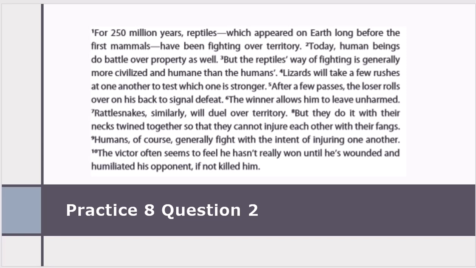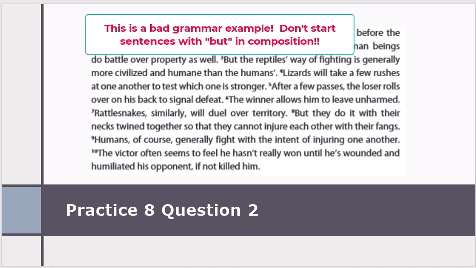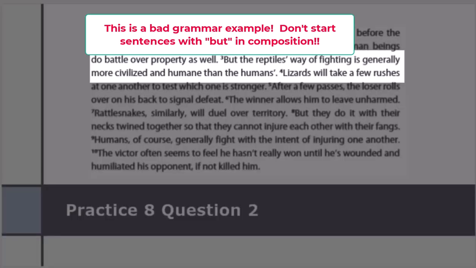I want to look at this one because we have an example of a topic sentence that's not right at the beginning of the paragraph. Here we have it a little bit in the middle. The topic sentence in number 2 is sentence number 3. It says, but the reptile's way of fighting is generally more civilized and humane than humans.